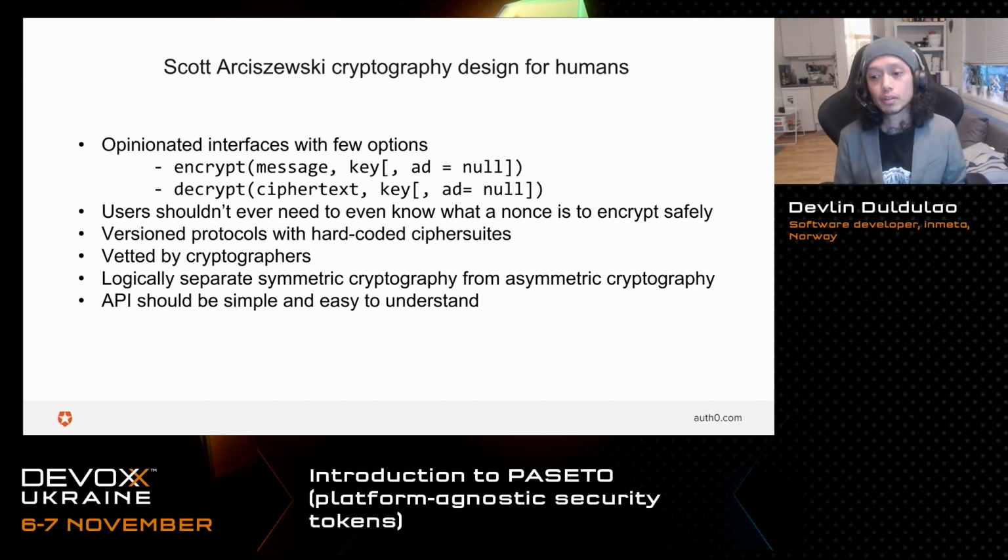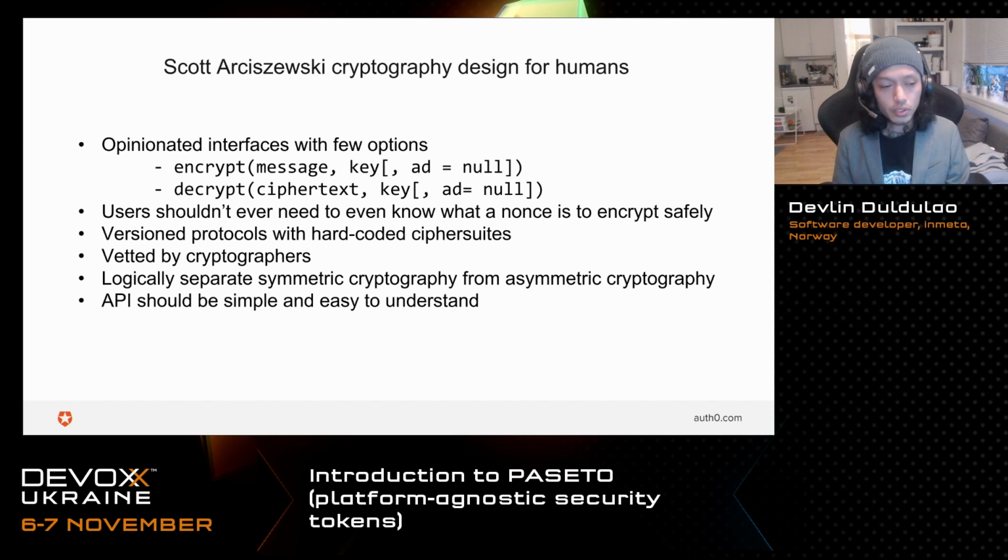You should have hard-coded version protocols, which means that, like PASETO, you have version 1 and version 2. And what else? You don't have version 1 ECB mode and version 1 counter mode. You just have one version, and that's it. And always logically separate symmetric from asymmetric cryptography.